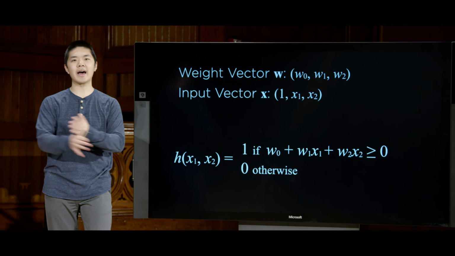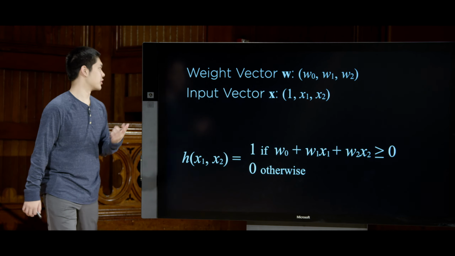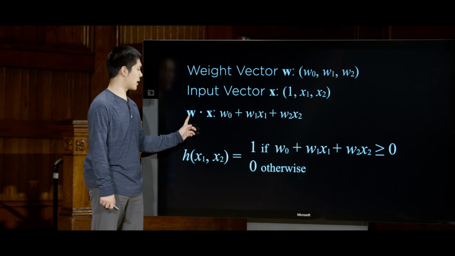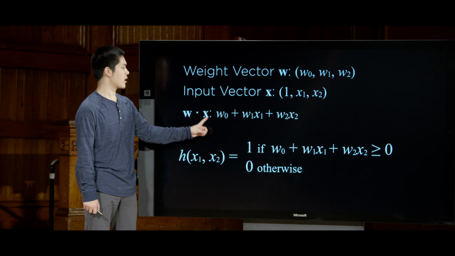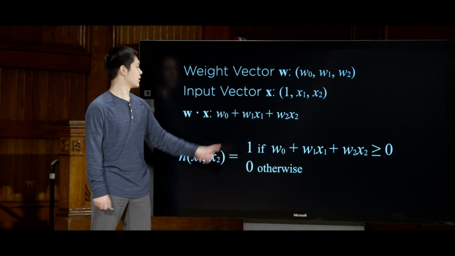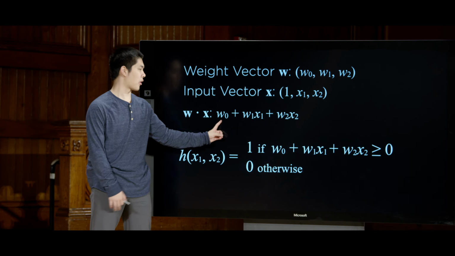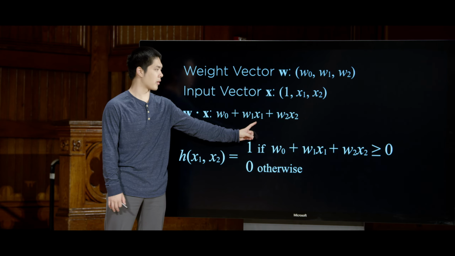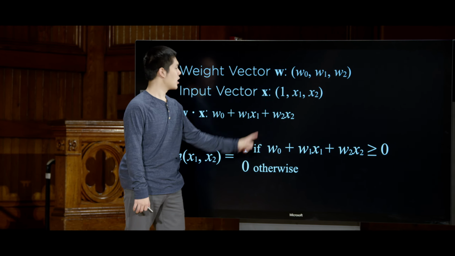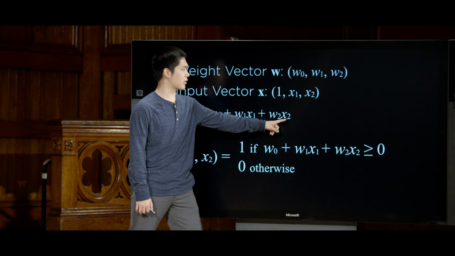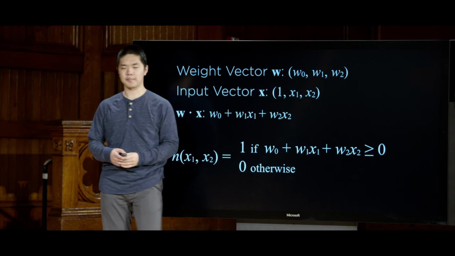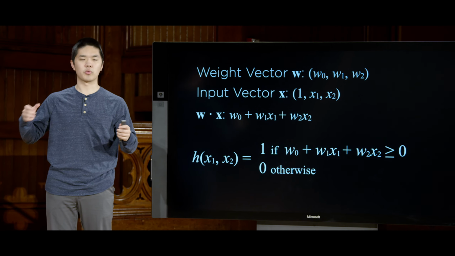And then we just add all of the results together. So the dot product of w and x, our weight vector and our input vector, is just going to be w0 times 1, or just w0, plus w1 times x1, plus w2 times x2, multiplying those terms together.